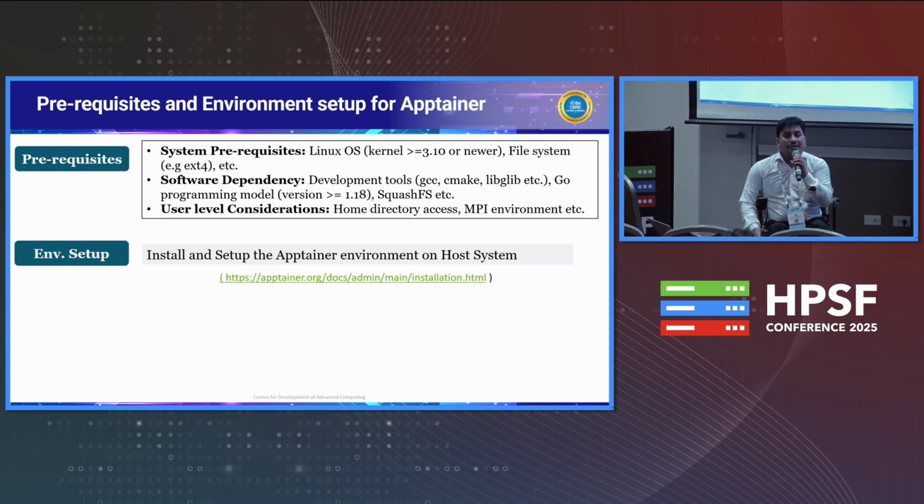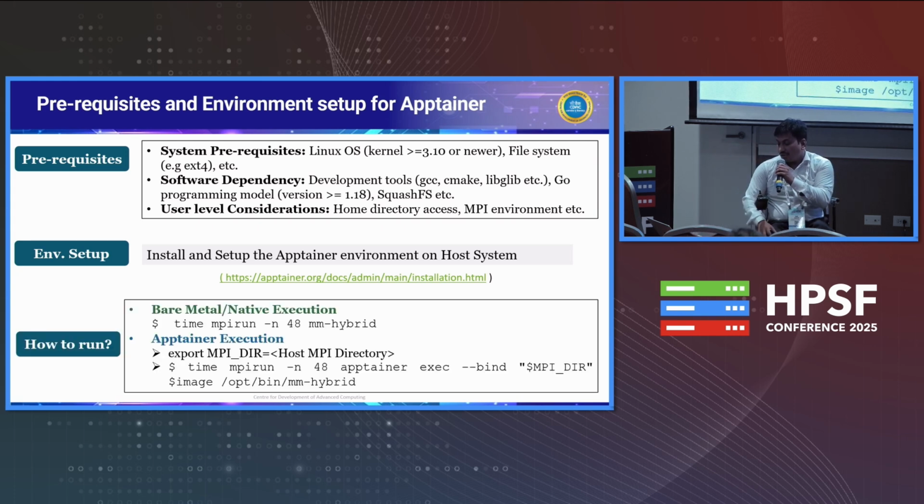Once these prerequisites are there on the system, you set it up in your environment. Step-by-step information on how to set it up is provided on this particular slide. Once you've installed it, how easily or how optimally can you run Apptainer with your environment?